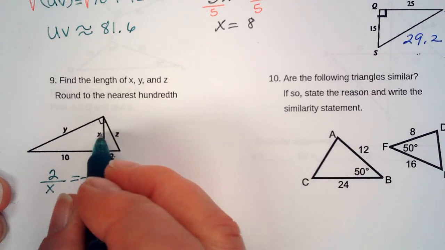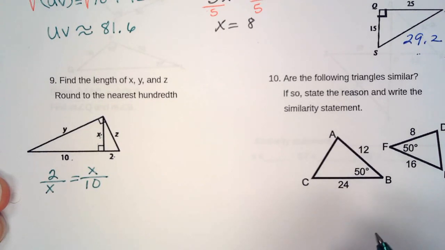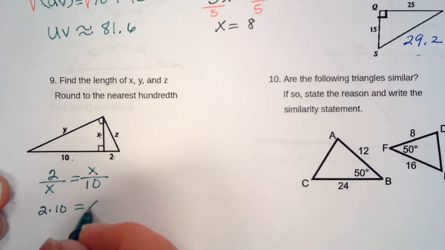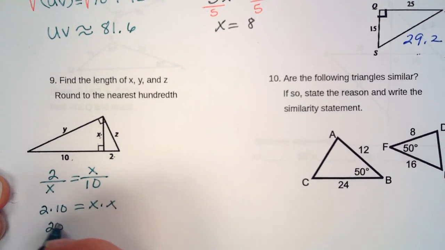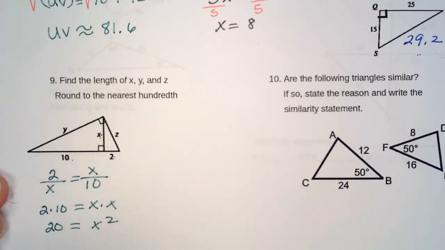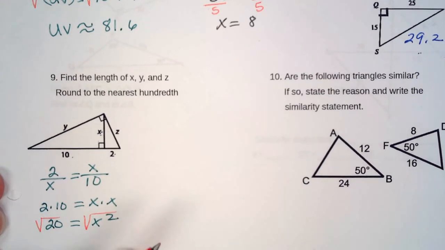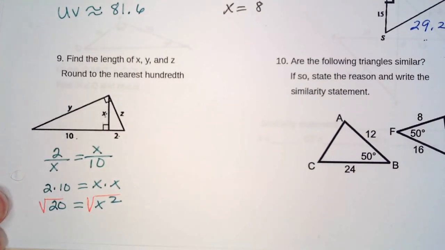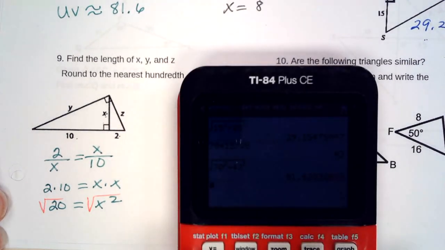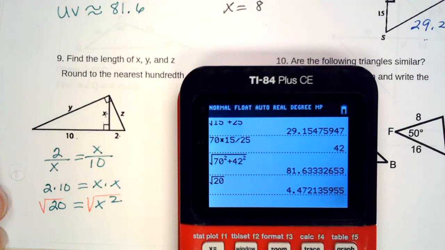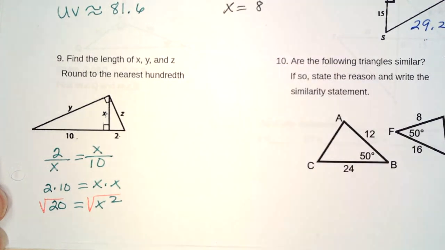Short leg over long leg is equal to the short leg over long leg of the other triangle. So 2 times 10 is 20, and that's equal to x times x. 20 is equal to x squared. The opposite of squaring is to take the square root. We're rounding to the nearest hundredth this time. So the square root of 20 is approximately 4.47.